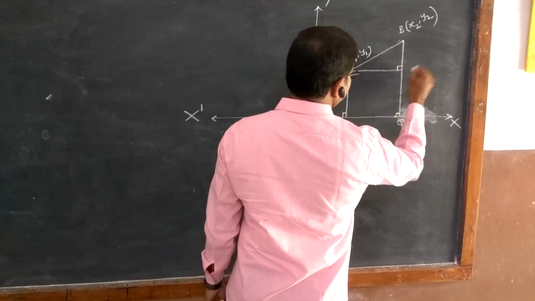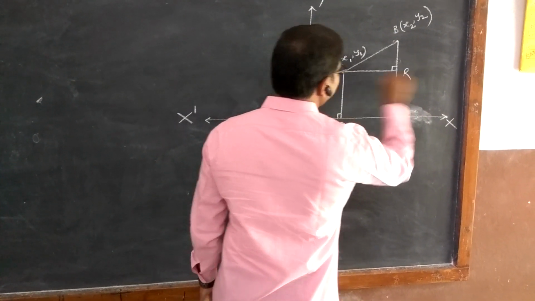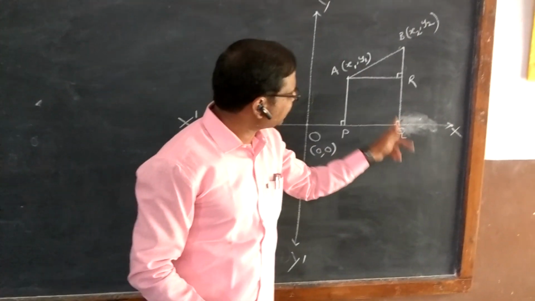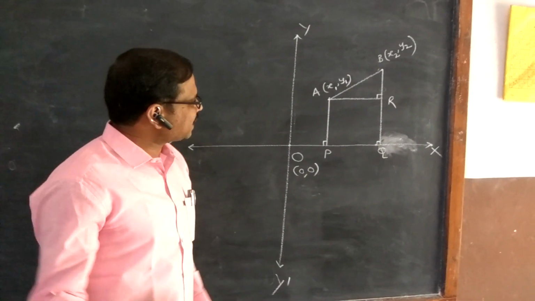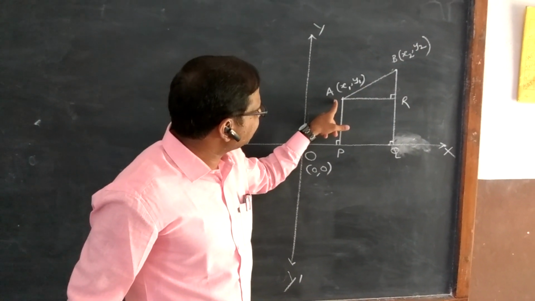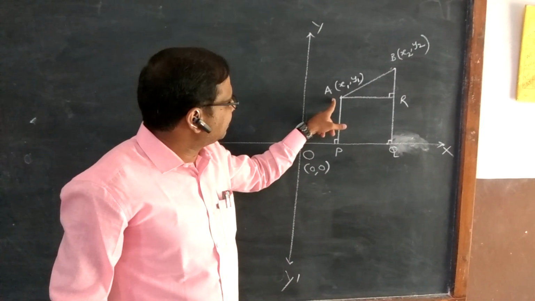Let it be R. AR is drawn from A to BQ. Then observe this: ARB is a right angled triangle.